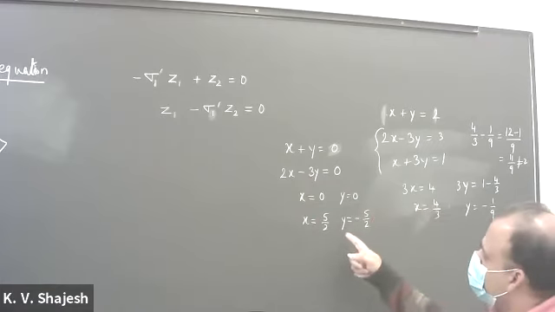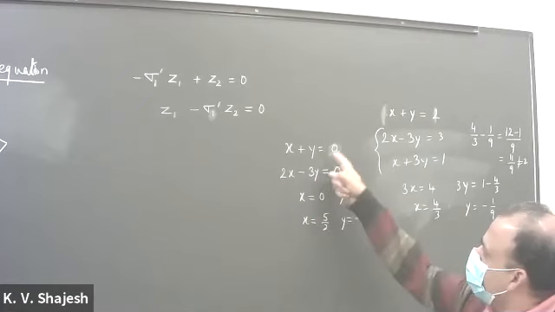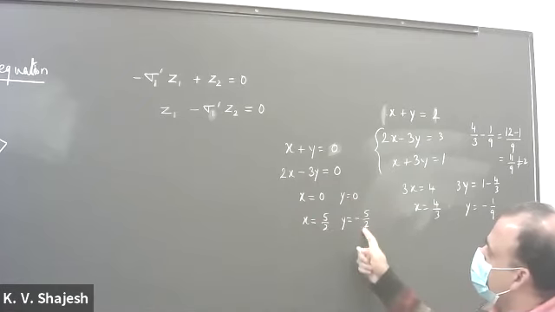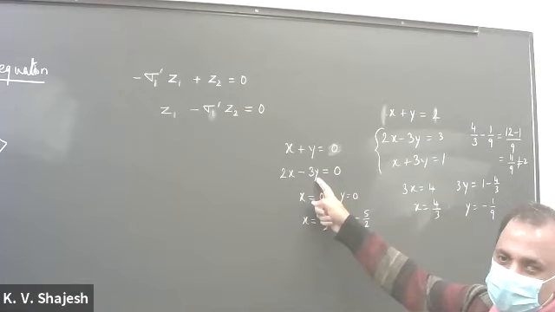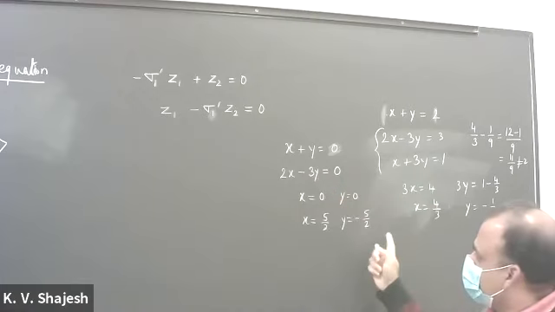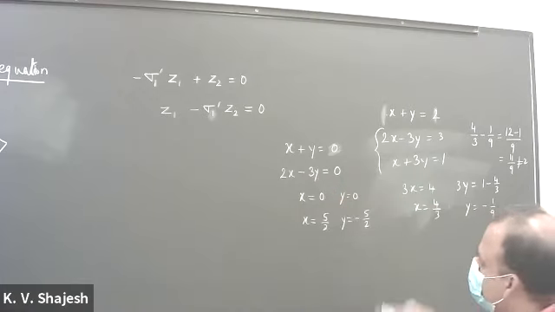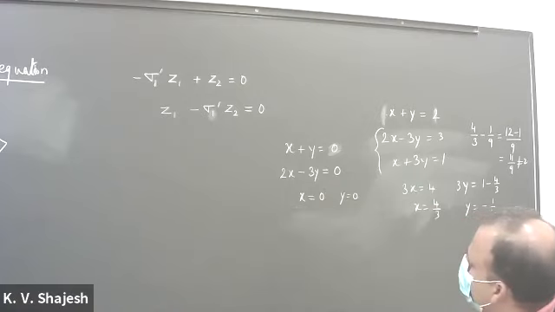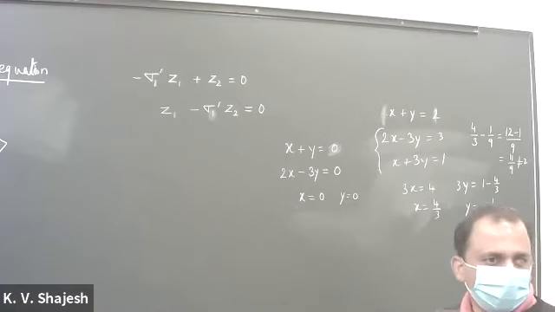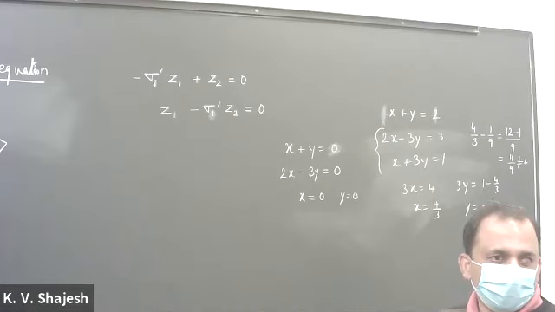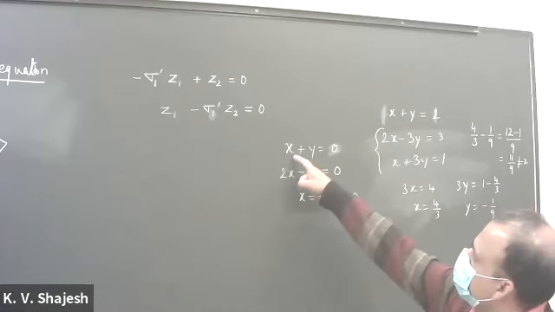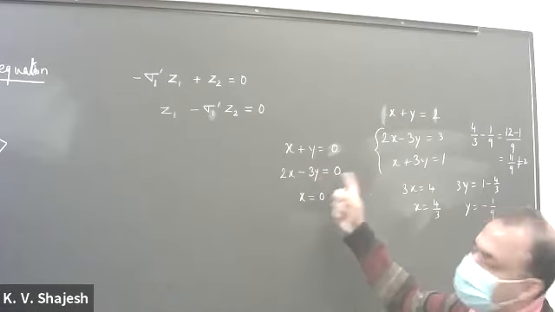Let's try this first. 5 by 2 minus 5 by 2, that's 0. But when I put this in here, that doesn't satisfy. That's not a solution. Okay. So is x equal to 0, y equal to 0 a solution? I think so. Yeah, if you put here 0 plus 0 is 0, and 0 plus 0 is 0.